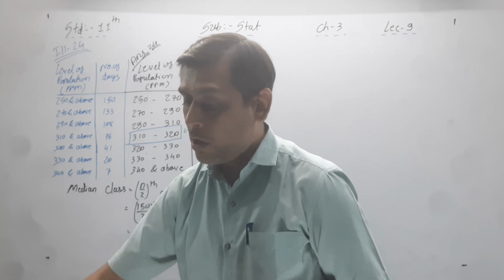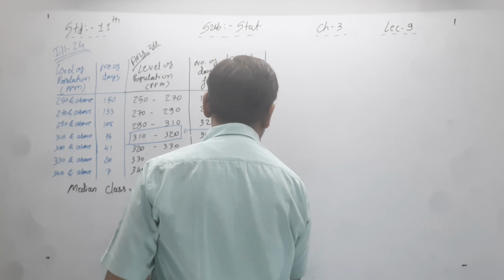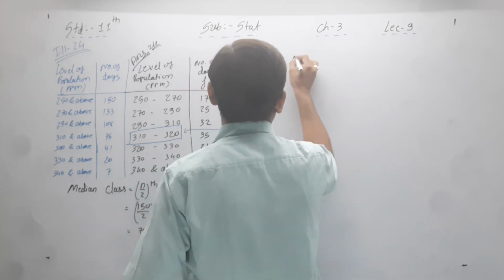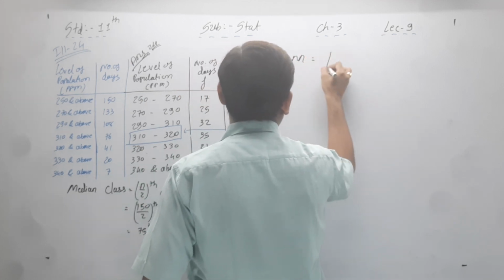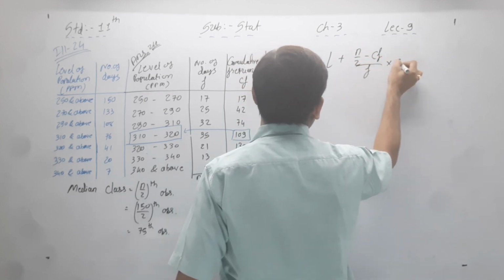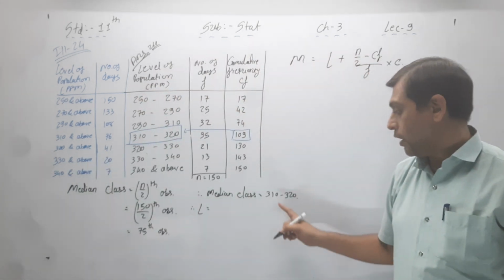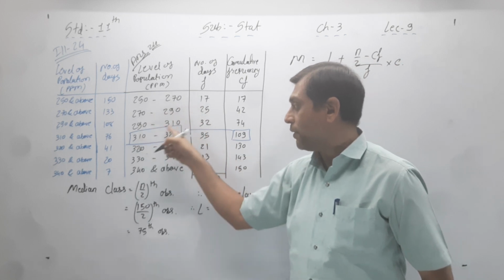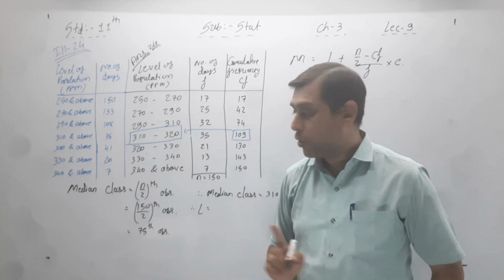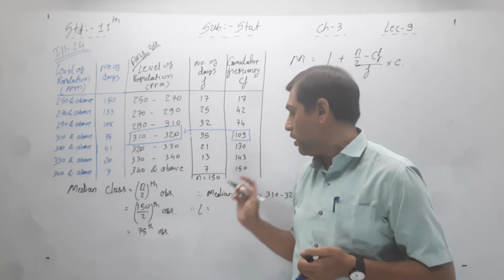Now on the basis of this you have to find all the values. First of all write down that the median class is 310 to 320. I'm writing here: median is equal to L plus n by 2 minus CF upon F, into C. But for that you have to find L. What is L? This one is exclusive type of continuous data, so you don't have to remember anything, you just write down 310 to 320.